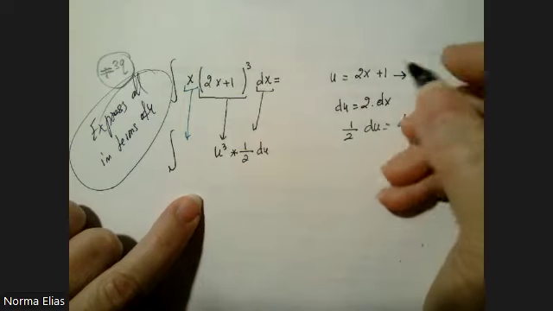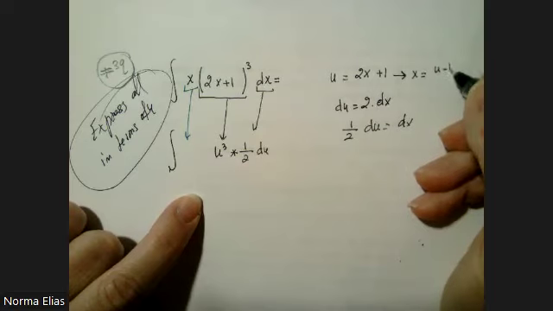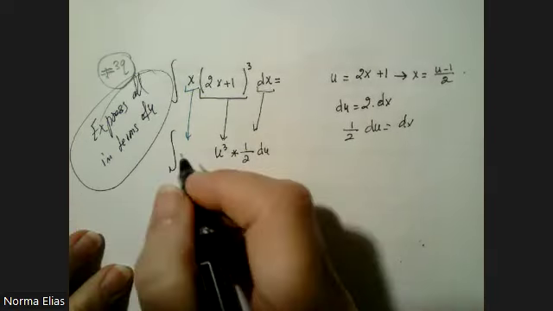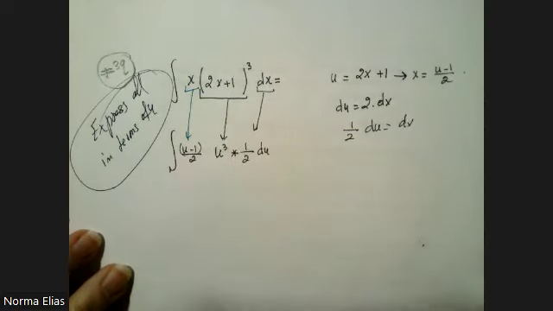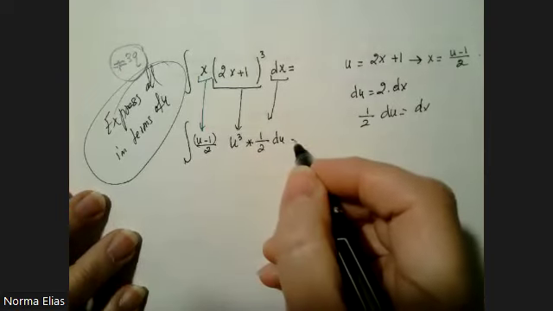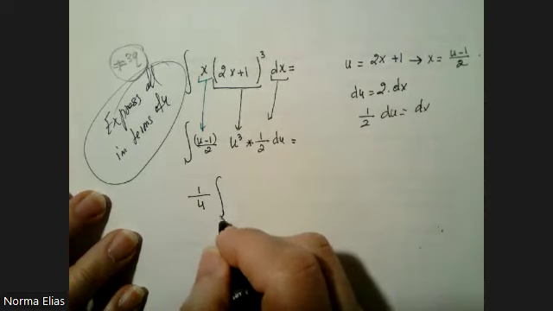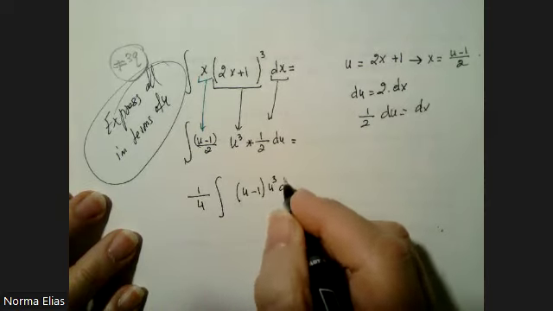So I solve for x and get x equals (u minus 1) divided by 2. Now I have to integrate this. The half and the other half are constants, so I can get them out.